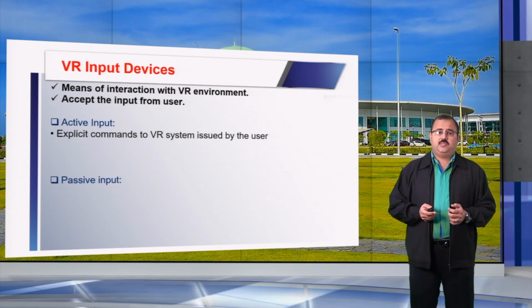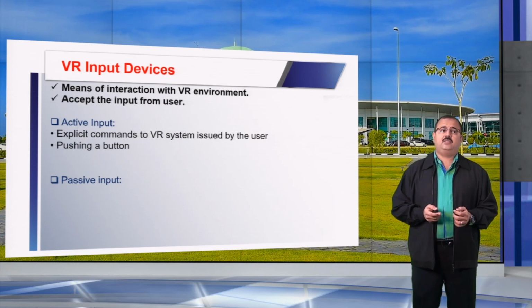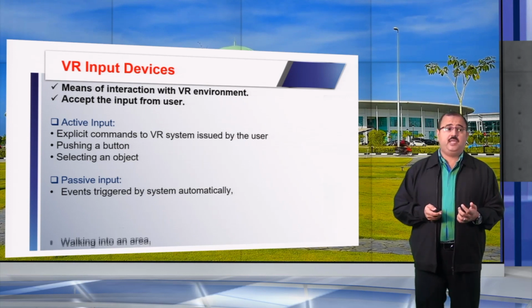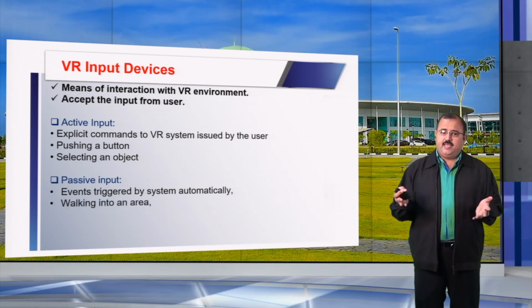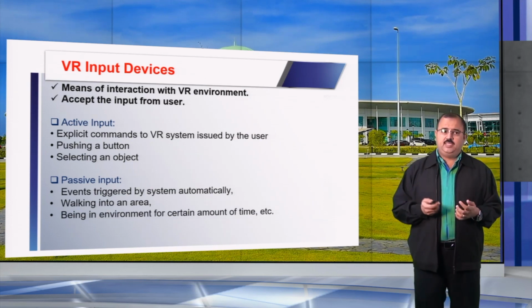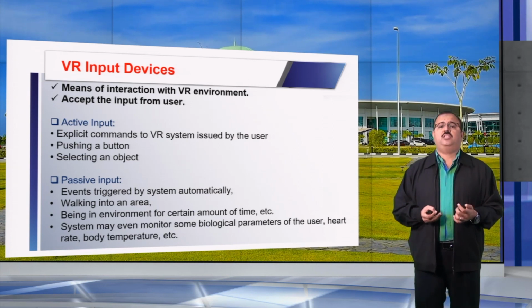Active input, such as commands to the virtual reality system issued by the user, for example pushing a button. Passive input, such as events triggered by the system automatically, such as walking inside the virtual environment or being in the environment for a certain time. Sometimes some systems are able to monitor biological parameters of the user, such as heart rate and body temperature.